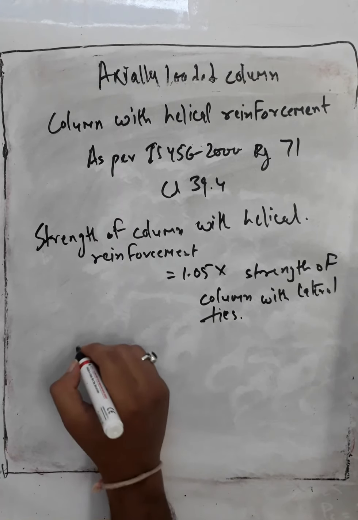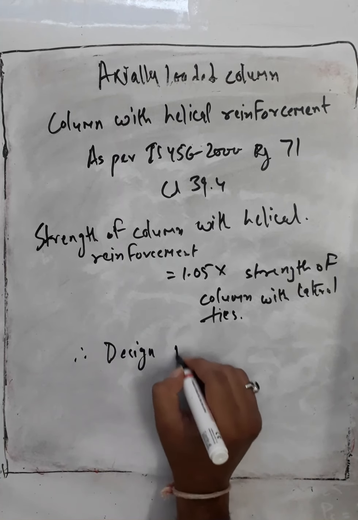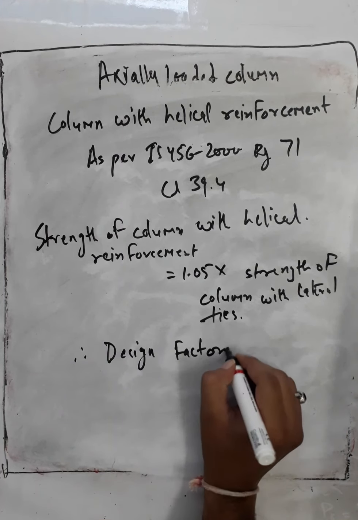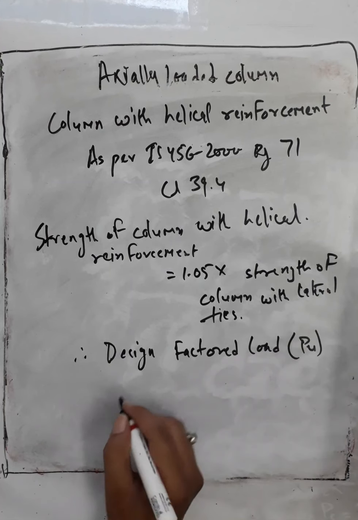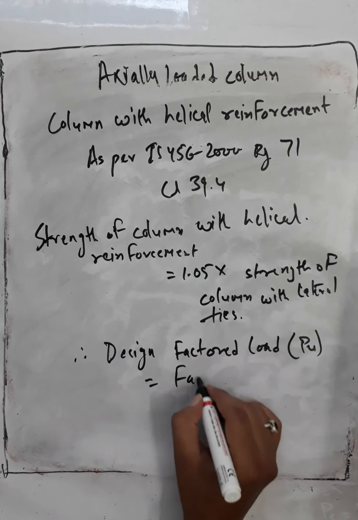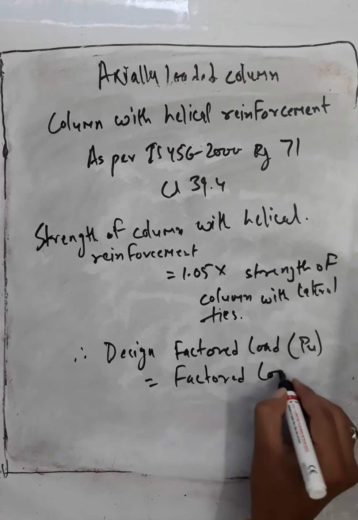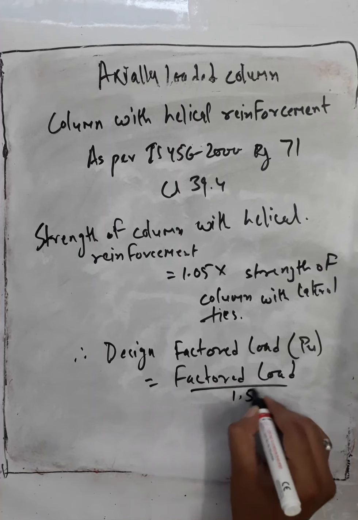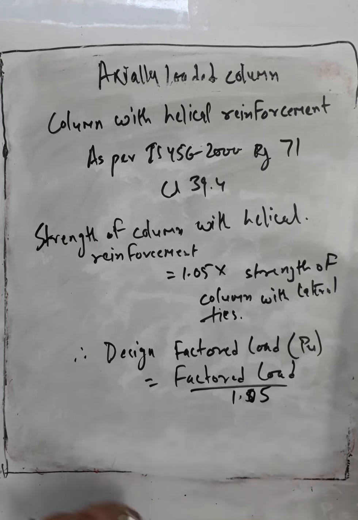So the design factored load PU is equal to factored load divided by 1.05.